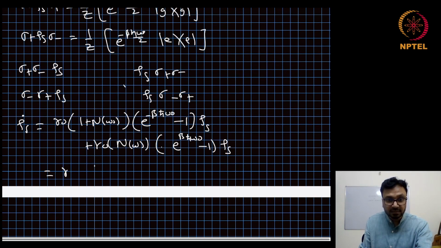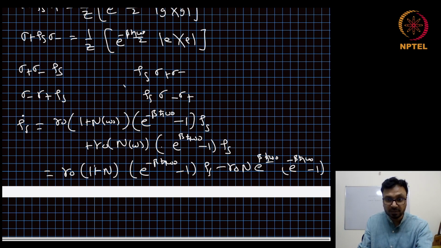This can be simplified as γ0 (1+n)(e^(-βħω0) - 1) ρ_s plus or minus γ0 n times e^(βħω0) times (1 - (e^(-βħω0) - 1)) ρ_s.